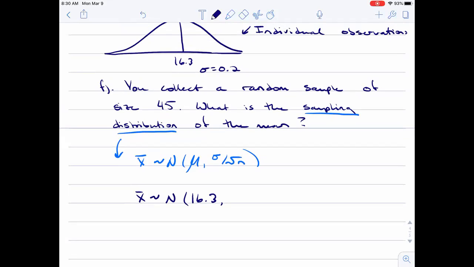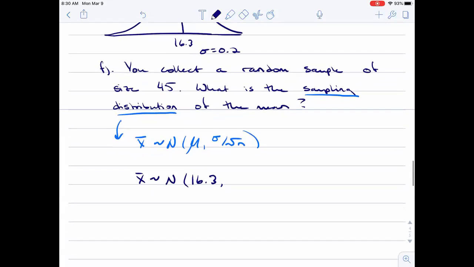There's no reason to think that if I collect a sample of size 45, it should be centered on anything other than 16.3, right? And so 16.3, comma, with a standard error of sigma over root n. In this case, sigma is 0.2 and root n is root 45.